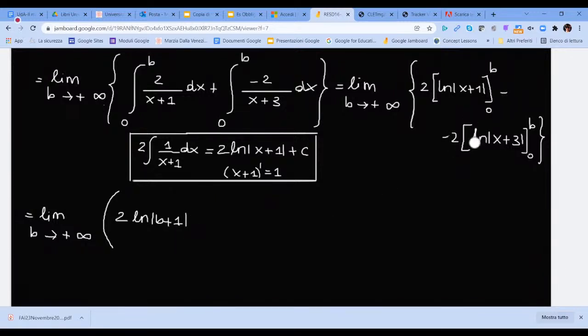Okay, then we have in the second one minus 2. We have this time logarithm of b plus 3, minus 2 times minus is plus 2.